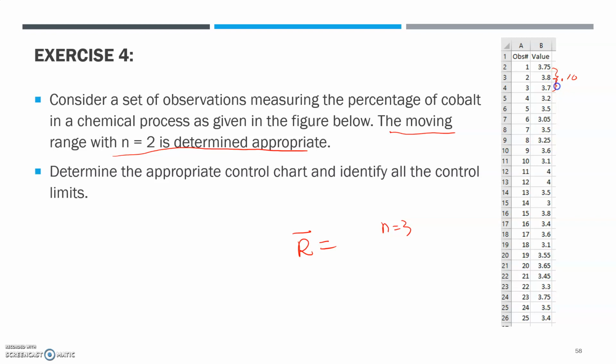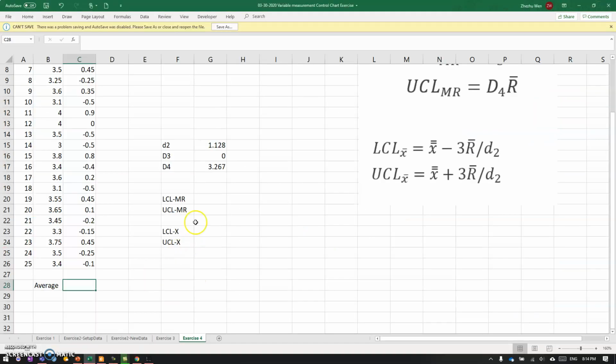The next 3 are these 3 numbers, and in this case the range is 0.60, and then the next 3, all the way to 3.5, you see a range of 50 and so forth. You keep doing it. At a certain point you will see a big jump in this number. That may be an indication that something has happened in the underlying process. So with that, let's move on to Excel to finish this chapter once and for all.